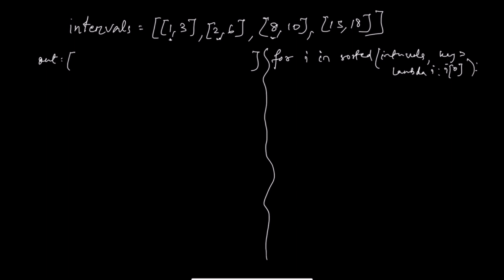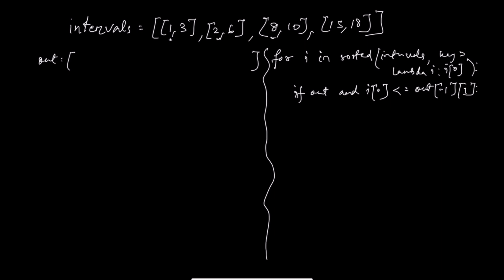So we will loop through our entire intervals array, and then we would keep the condition if we have got something in our output array and our i of 0 is smaller than or equal to our output's last element.